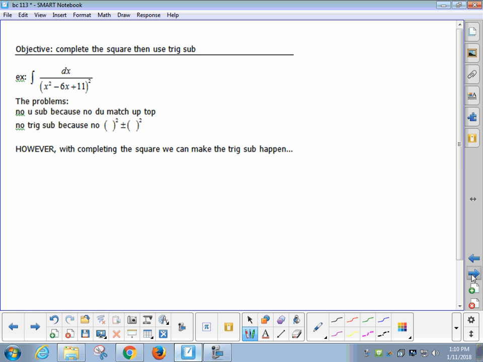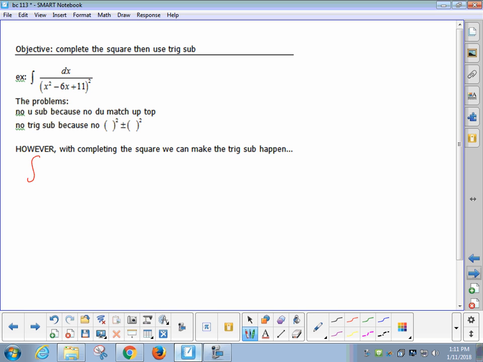You can see that this is not the trig sub pattern, it's just one big fat square. So it doesn't really go there, but we can make that pattern happen by completing the square.